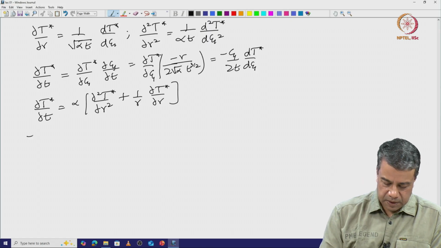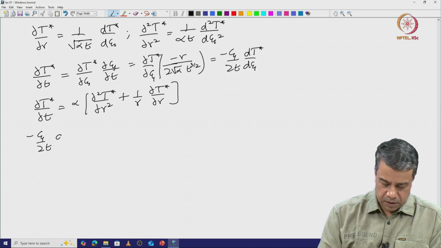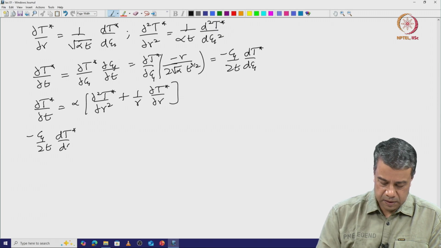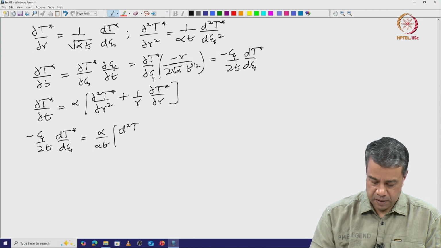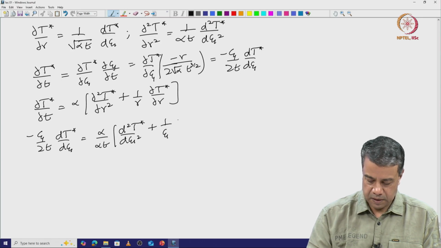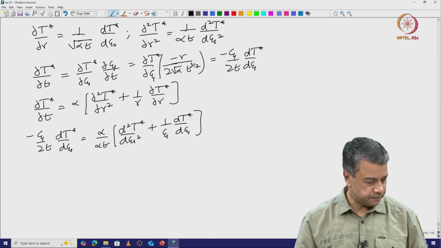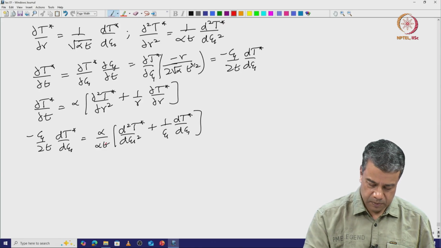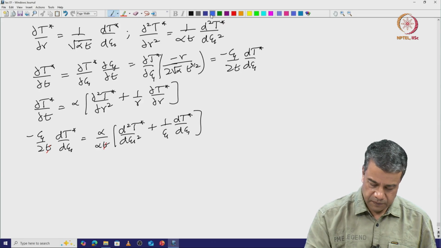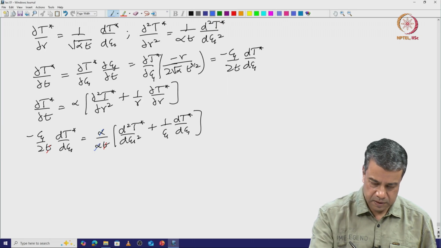Substituting this, we get minus psi by 2 t dT star by d psi is equal to alpha by alpha t into d square T star by d psi square plus 1 by psi dT star by d psi. The t's will cancel out on both sides, the alphas will cancel out on both sides.